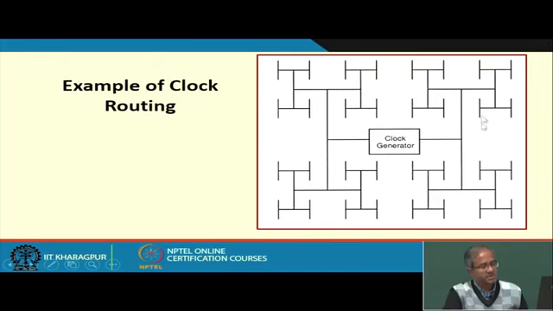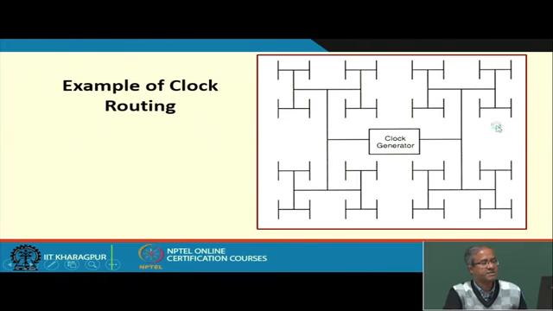So, this is the same diagram we saw earlier, the clock generator, but as I said, in a real clock distribution scenario, the clock distribution points may not be so uniformly located.